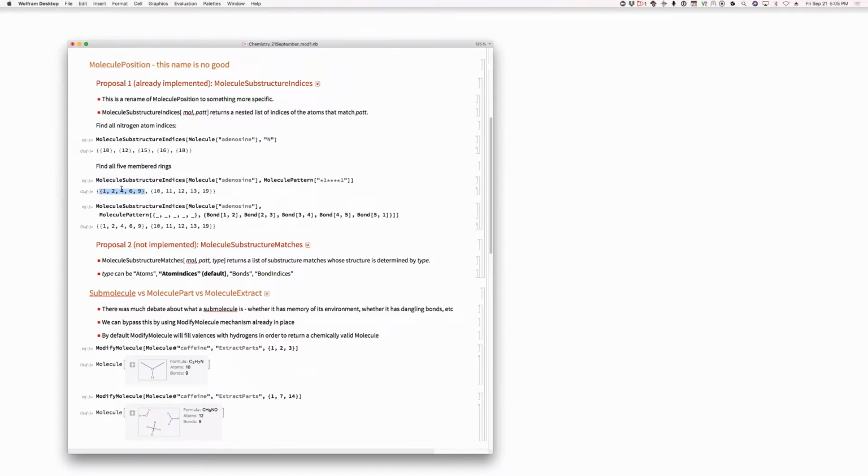This is a list. I see. That's not a part specification. That's an index list. Yes. So there are 2 parts of the adenosine that match that are 5-membered rings. Yeah. And that's the spec for each of those. Okay.